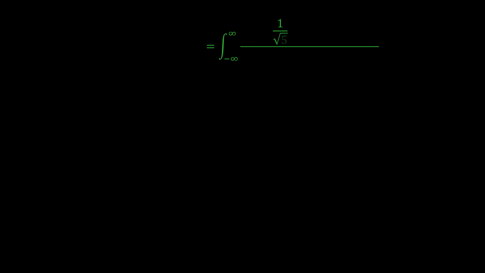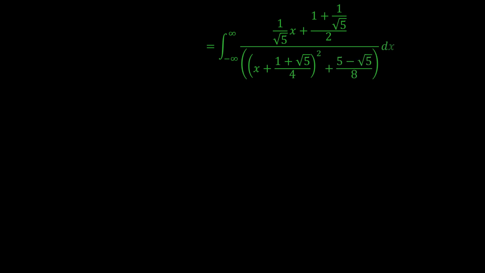Obviously, getting our integral, the very same steps we used with the blue integral, we're just going to go ahead and do the substitution, right? So we say let this part here, x plus 1 plus root 5 over 4, be equal to the square root of 5 minus root 5 over 8 tan theta.